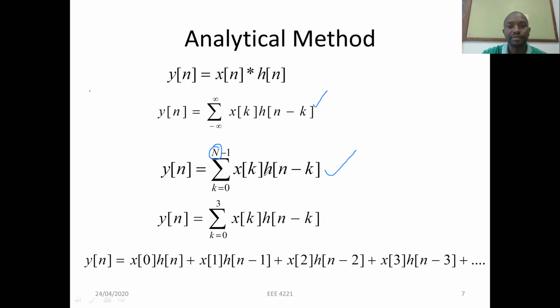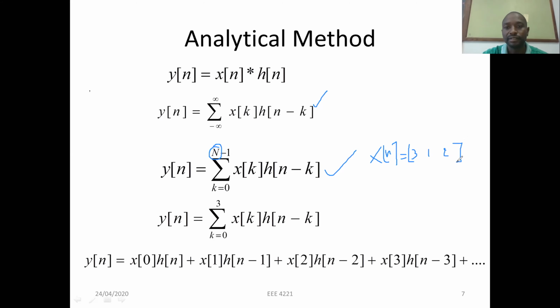If you look at the examples given, you notice that x of n was running from 3, 1 and 2.